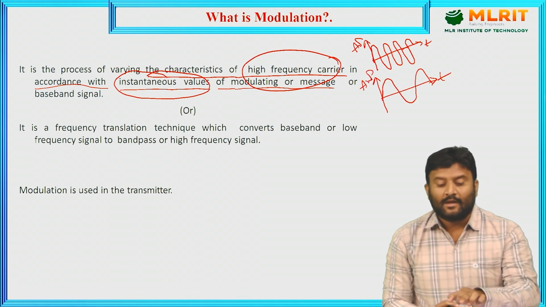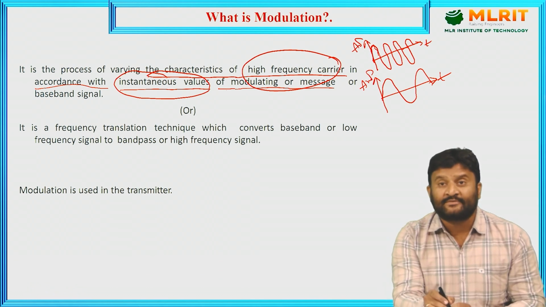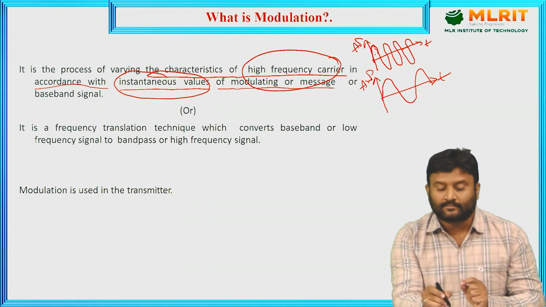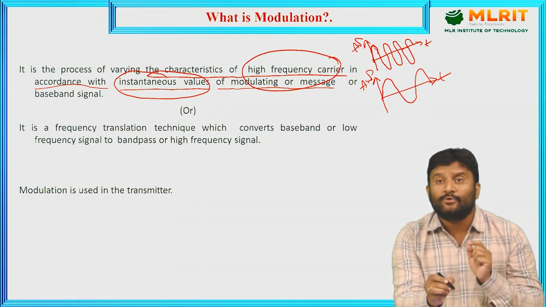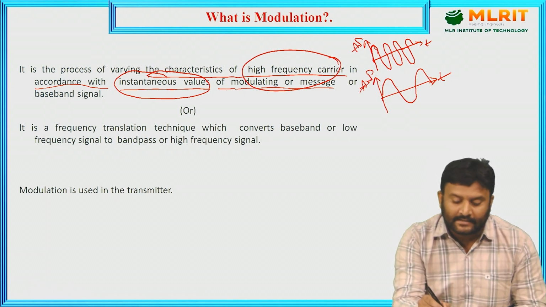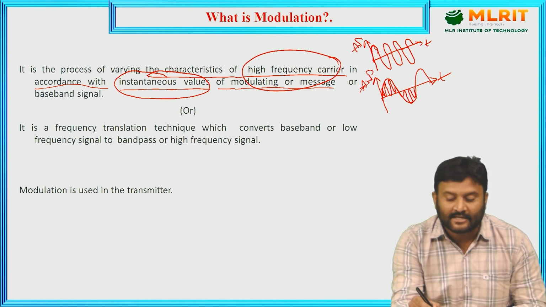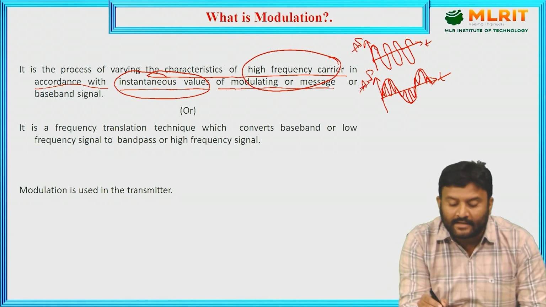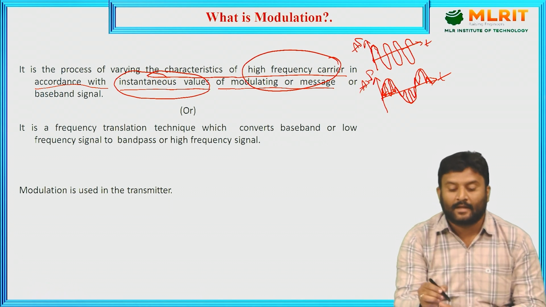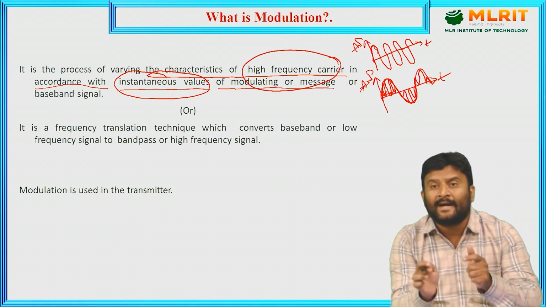The high frequency carrier signal is varied according to instantaneous values of, here first I am taking the amplitude levels. That means this carrier signal is varied instantaneously with respect to the message signal. Remember, the inner wave is the carrier, and this thick line wave is the message signal. Therefore, both are combined.